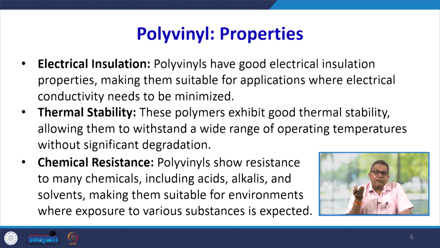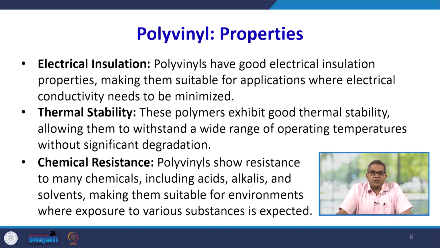Then thermal stability: these polymers exhibit good thermal stability, which allows them to withstand a wide range of operating temperatures, sometimes elevated temperatures. The obvious reason is that the material should not degrade.